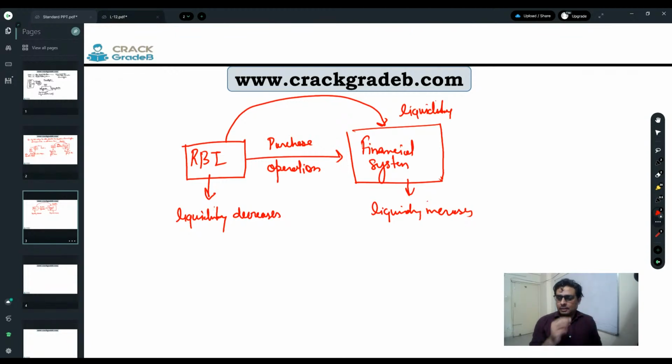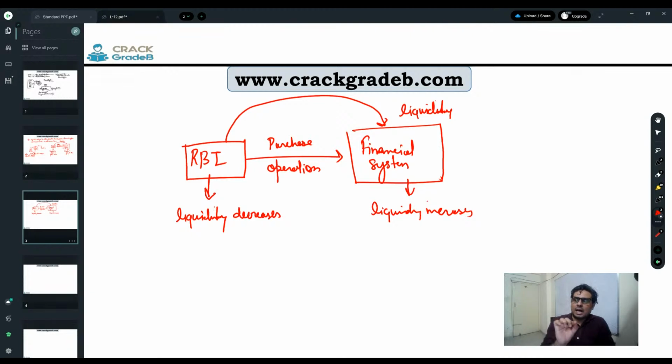So is it a correct statement that when RBI goes for a purchase operation, only banks' liquidity gets affected? No, it is not correct. Only banks is not correct. Banks' liquidity is getting affected under RBI's purchase operation. Yes, that is a true statement. Affected means either increase or decrease if RBI goes for market operations.